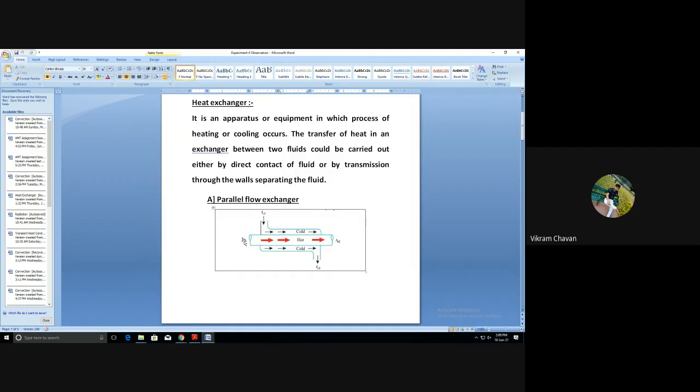If you consider TH1 and TC1 as the inlet temperatures of the parallel flow, and TH2 and TC2 as the outlet temperatures, then TH1 minus TC1 is considered as theta 1, the initial temperature difference, and TH2 minus TC2 is considered as theta 2, the final temperature difference.